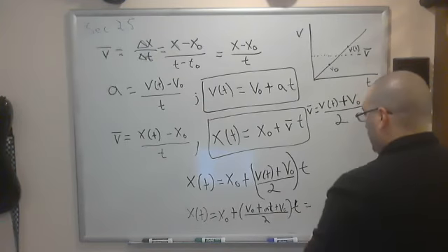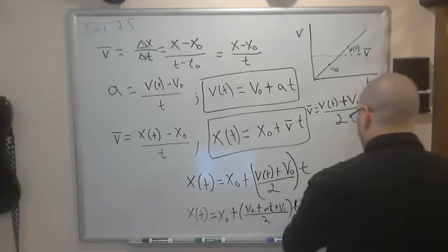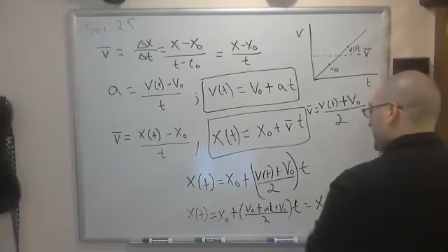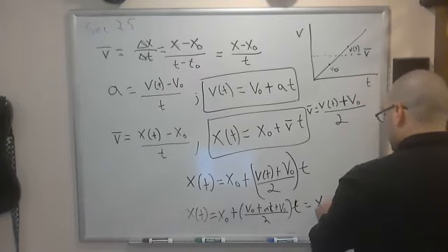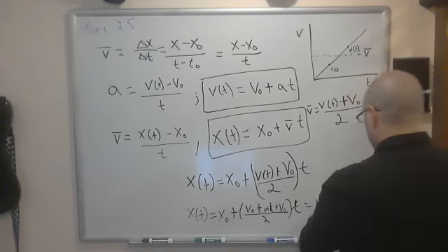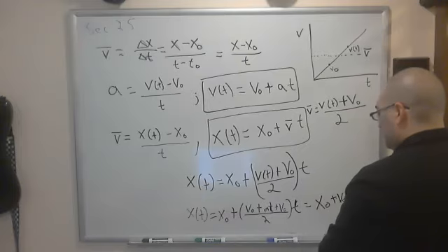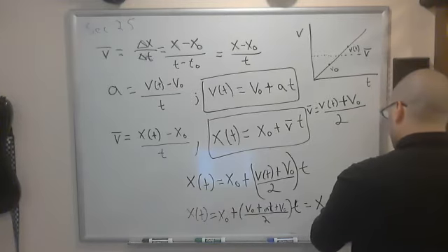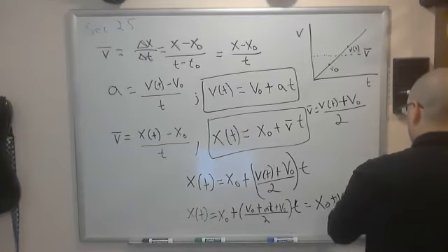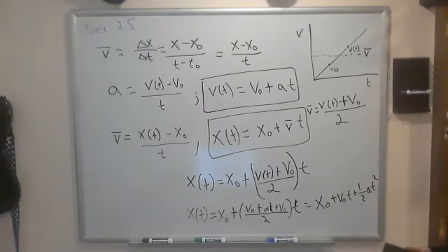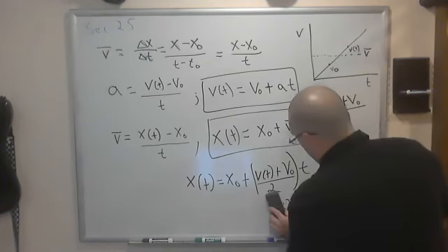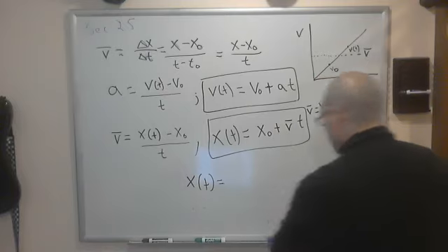And then finally, when we simplify it, we'll get x equals x0 plus v naught t plus 1/2 a t squared. Okay, we'll get this in the end. I'm going to erase this and then just put this as the answer so that we can see everything together.